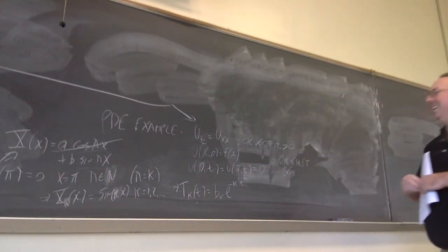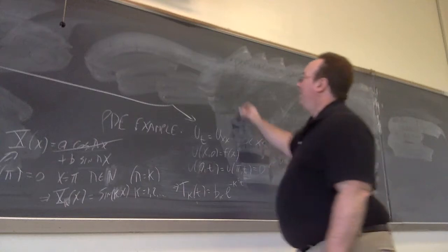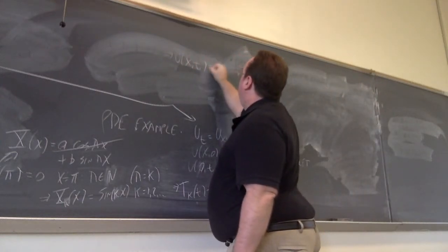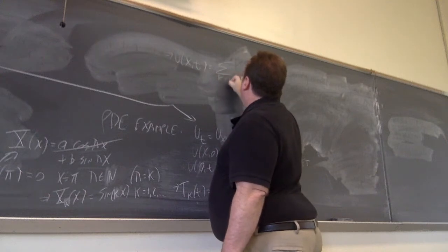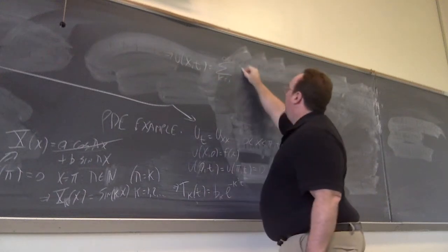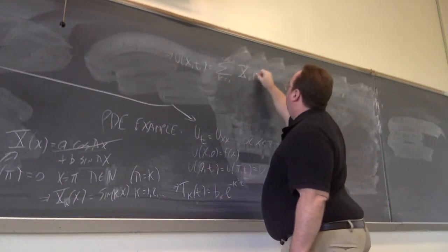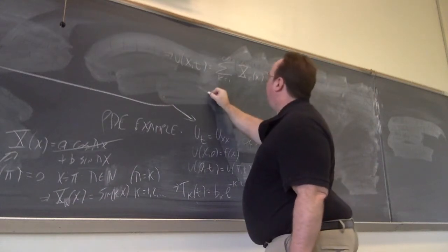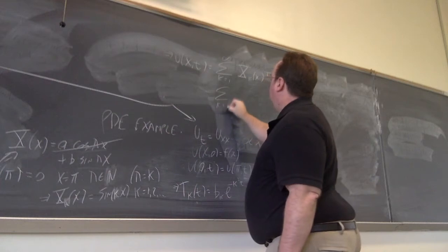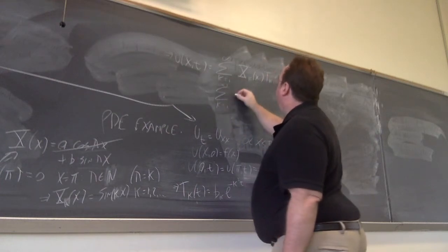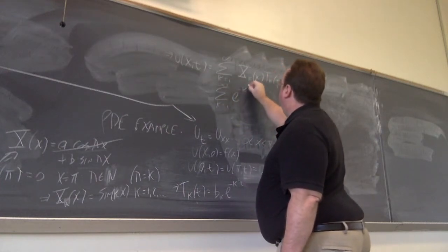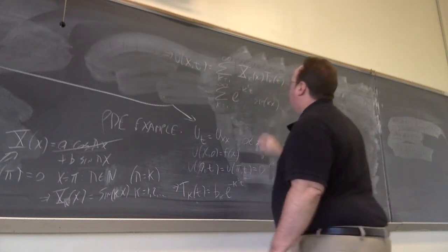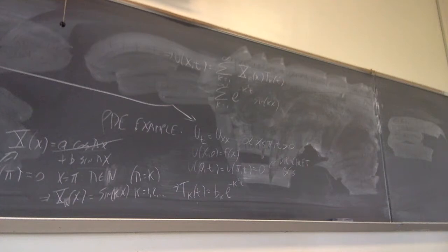Okay. So my solution, u of x, t, is a sum of X_k of x, T_k of t, and now I fill in what that is. So I have, well, the time part I'll fill in first, and then sine kx. So my solution has this form.